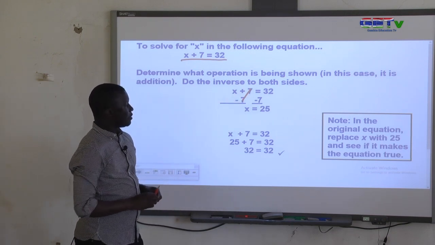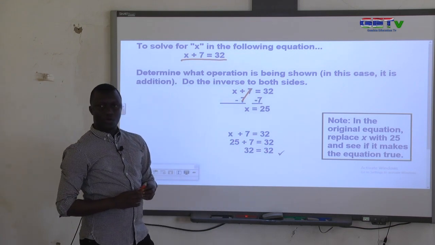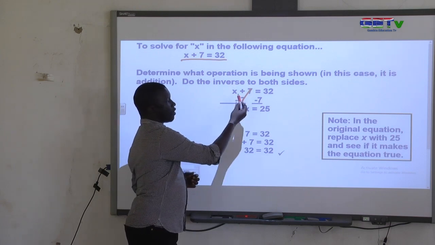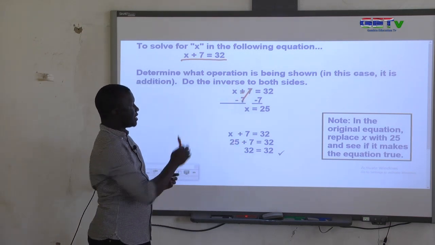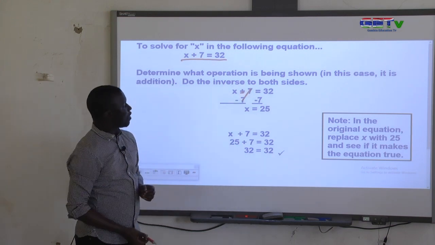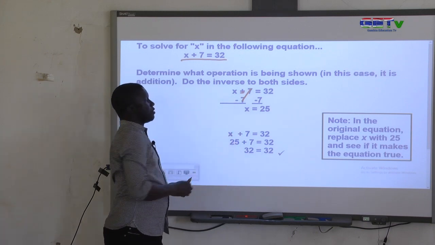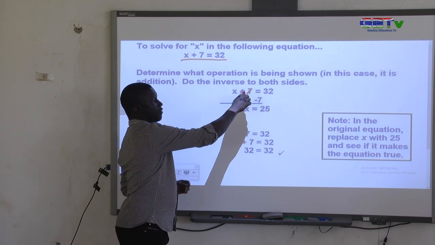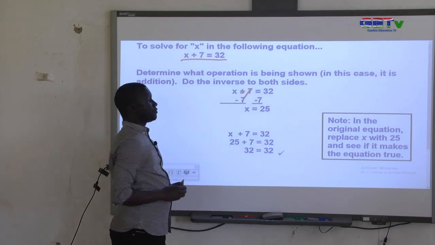How do we do that? By undoing the 7. How do we undo the 7? By using the inverse operation of the 7 here. You can see it is a positive 7, plus 7. So the inverse of plus is subtraction. So all we need to do is subtract 7 to undo the 7 here.